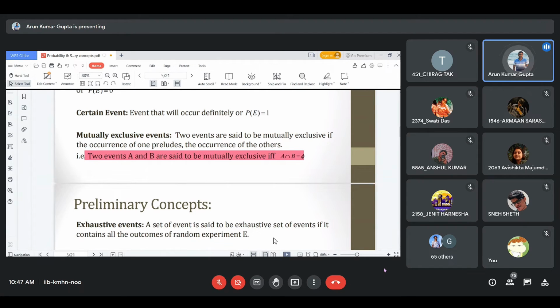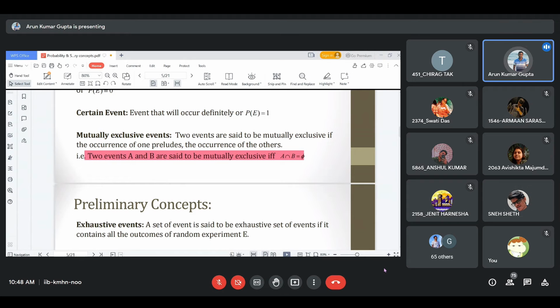Now I am going to combine those two things. When do you say that events are mutually exclusive and exhaustive? Think about it, it's not that difficult.